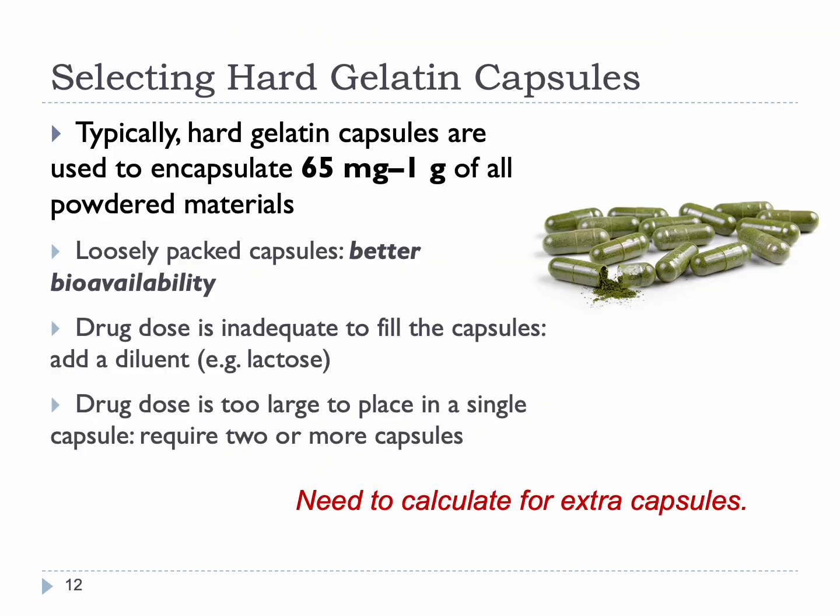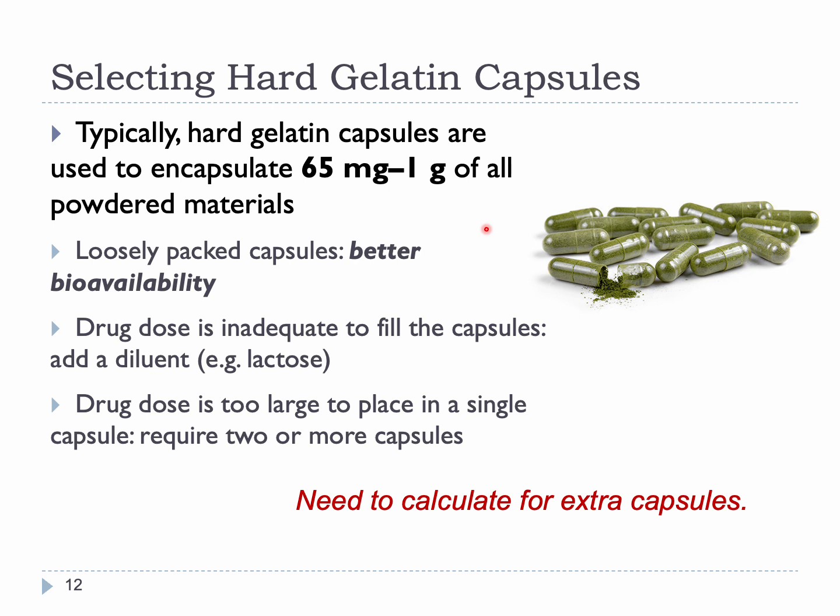Selecting a hard gelatin capsule is very important because there are many varieties of size and capacity of capsule. It's important to select the appropriate size to ensure the drug bioavailability and the acceptance from the patient.